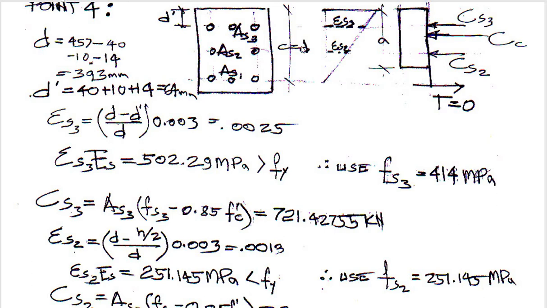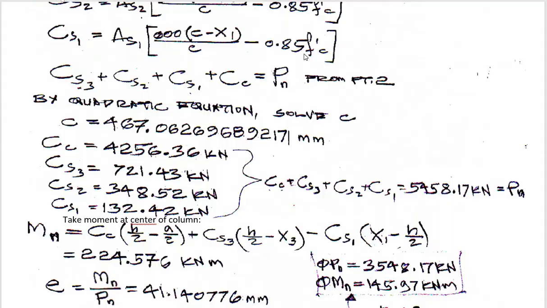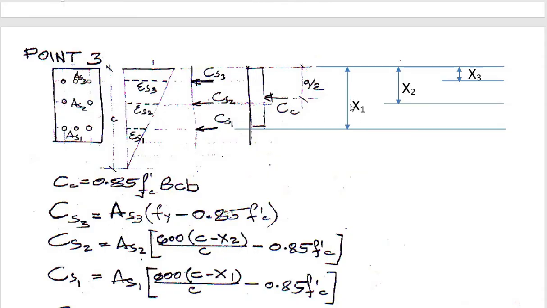Or that is also equal to your x1. In this case, this is 457 minus 40 clear cover, minus 10 na stirrups, minus diameter of bar all over 2. So that is 393. Note na d is also equal to x1.